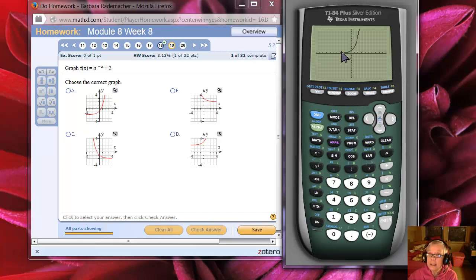Okay, so what we're graphing here is second ln e to the negative x plus 2.